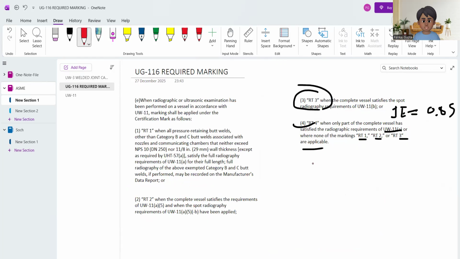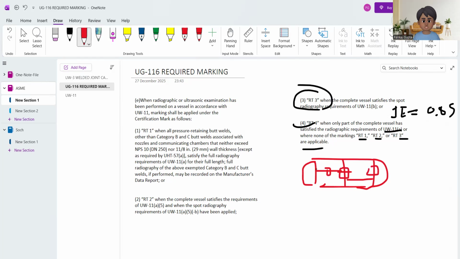Even if we are doing a simple vessel job, and there is this vessel with these joints, and we did some spot radiography here, some spot radiography here, and then some spot radiography here.